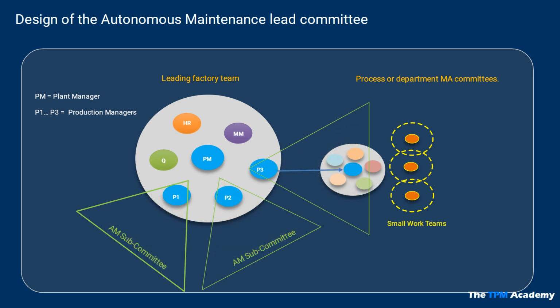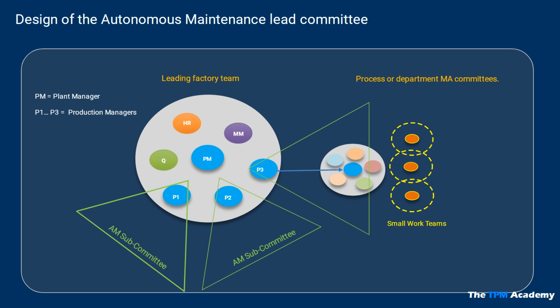The aim of this design is that the top operations manager and his team lead the autonomous maintenance activities at the highest level. This team establishes the purpose, vision, and objectives of the pillar. Subcommittees led by area managers and supervisors as members establish the plans and actions to be executed to achieve the higher goals.